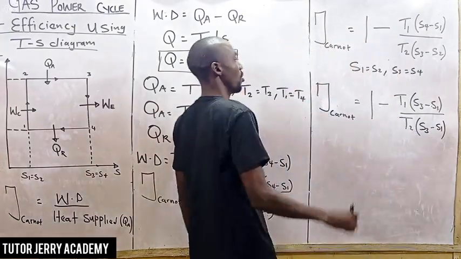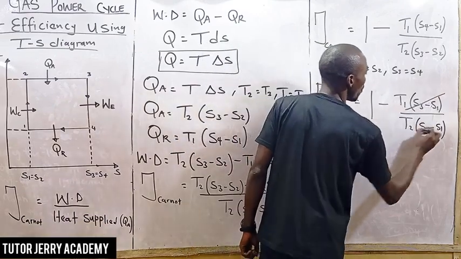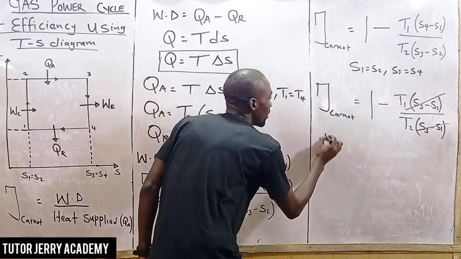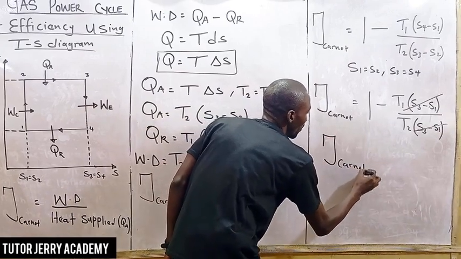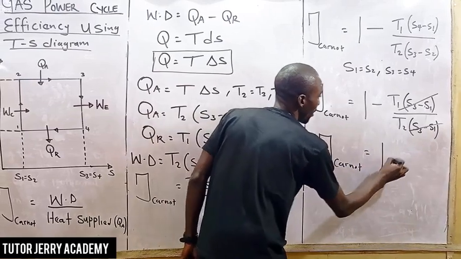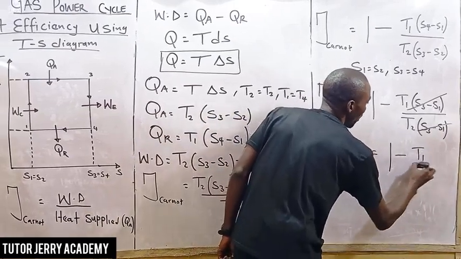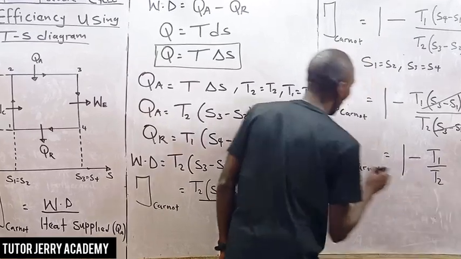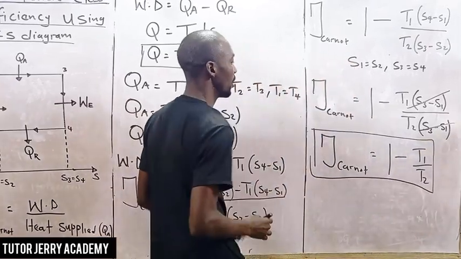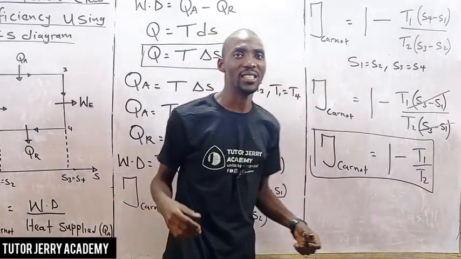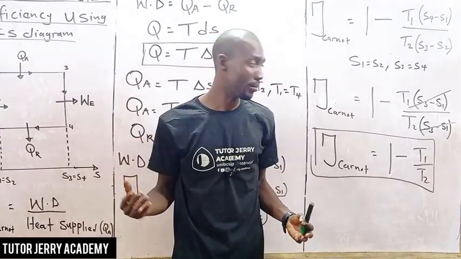So what do you observe? What is here will cancel with what is here. Then our Carnot efficiency equals 1 minus T1 over T2. So this is the formula for Carnot efficiency using the TS diagram.